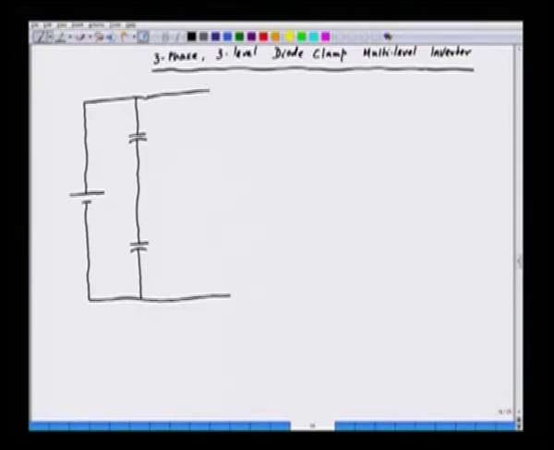And then what we have here is 4 devices per phase.